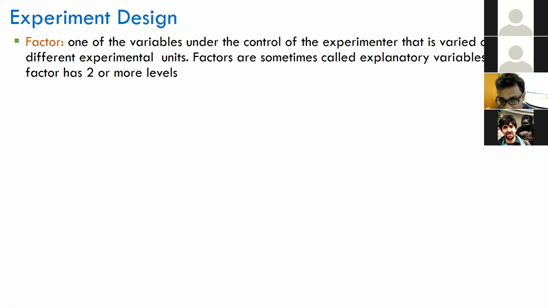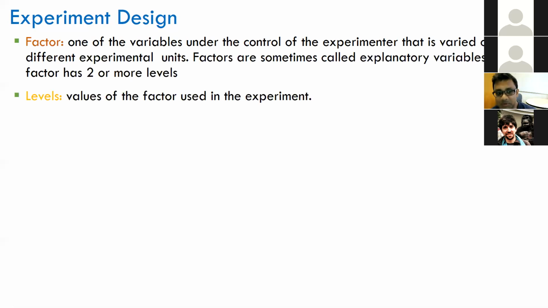So these are two factors, a two-factor experiment. Each factor may have two or more levels, like different irrigation methods or different soil types. That's how a factor comes into your experiment.